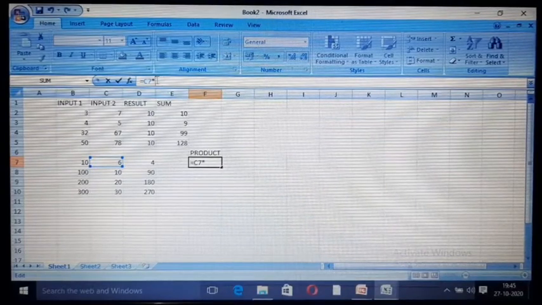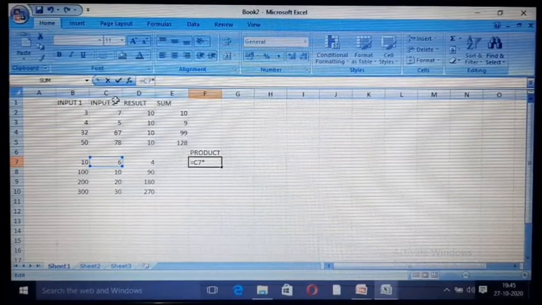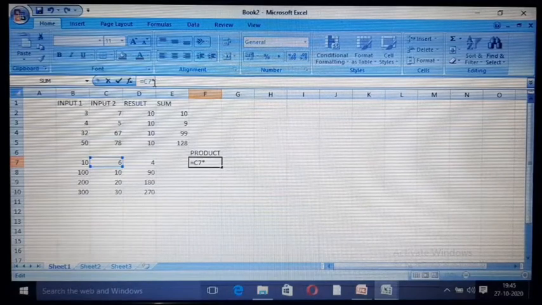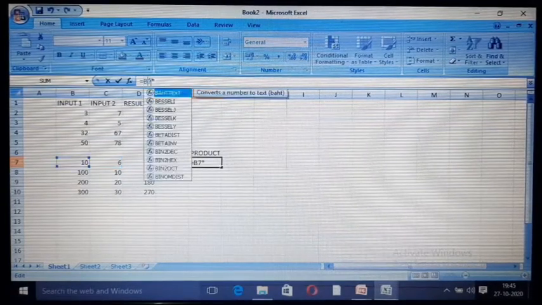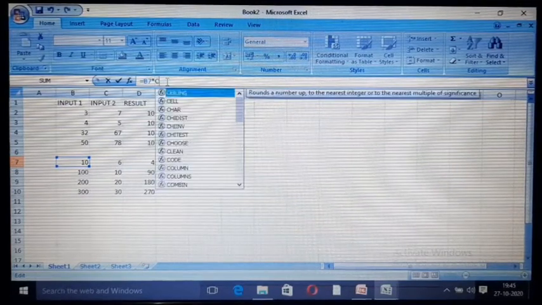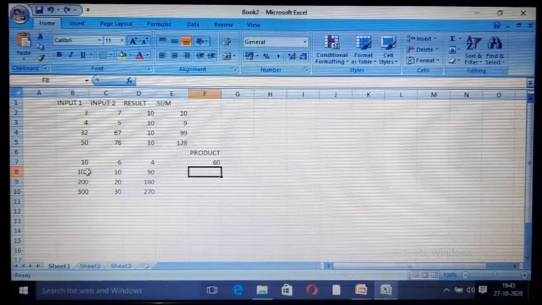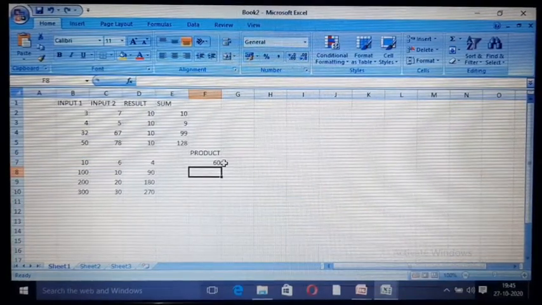We use asterisk for multiplication. So B7 into C7, and you press enter here. Now the product of 10 and 6 is 60.